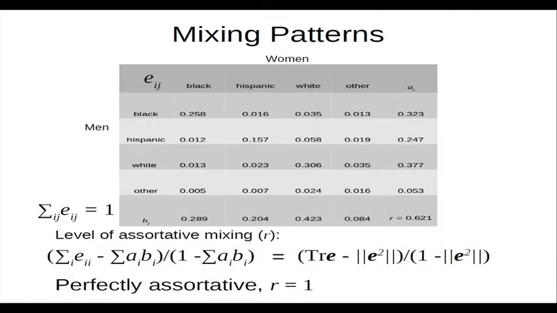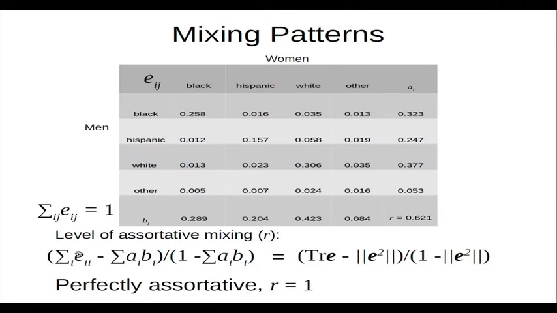In order to quantify this notion, we will define the assortative mixing coefficient R. On one extreme you have sum of e_ii, which is the sum of all the diagonal elements.